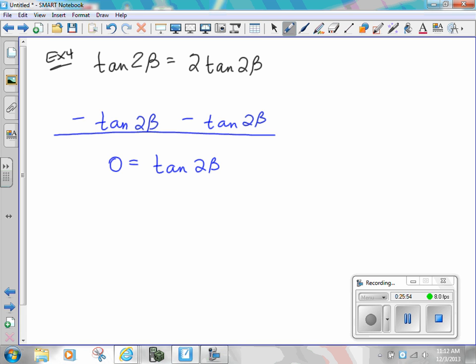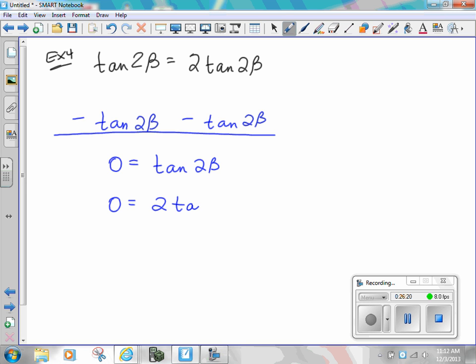Do I have the sine of 2 beta? Do I have the cosine of 2 beta? What am I going to do? We got to use the real formula, don't we? Which one do y'all want to use? The second one, 2 tangent.